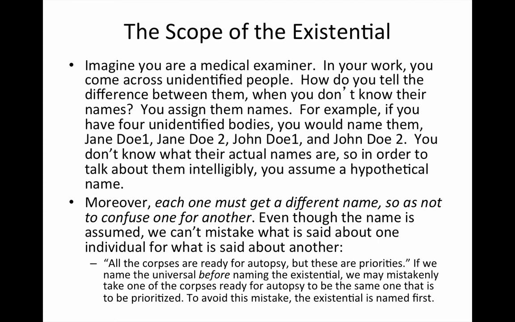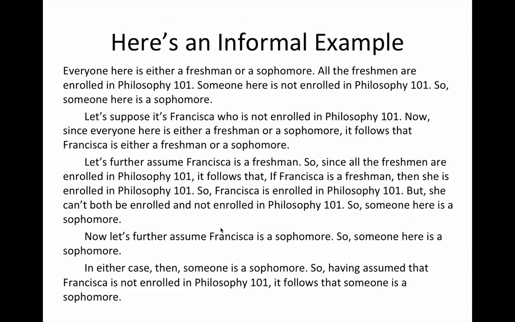If we name the universal before naming the existential, we may mistakenly take one of the corpses ready for autopsy to be the same one that is to be prioritized, when in fact that's not the case. So we use the existential elimination assumed name first. In other words, we set up existential elimination before we start pulling off the universal quantifiers.